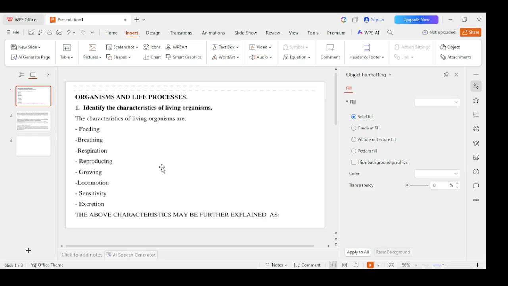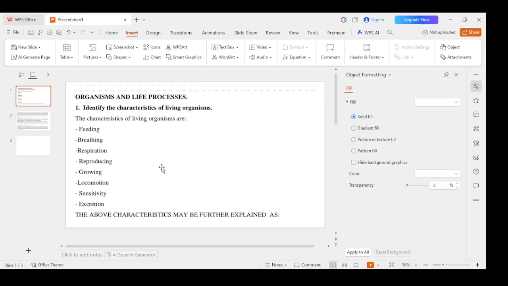Now the topic for today is about identifying the characteristics of living organisms. When we talk about the characteristics of living organisms, we are talking about the features that these living organisms exhibit.